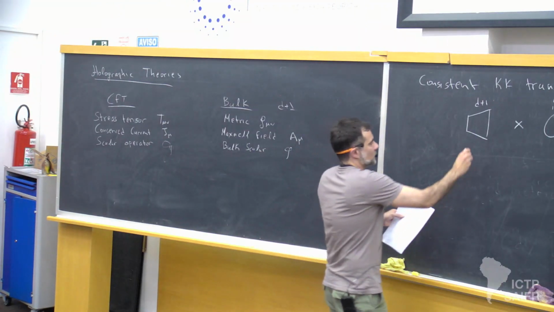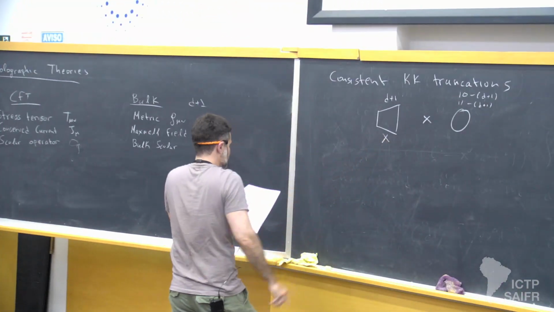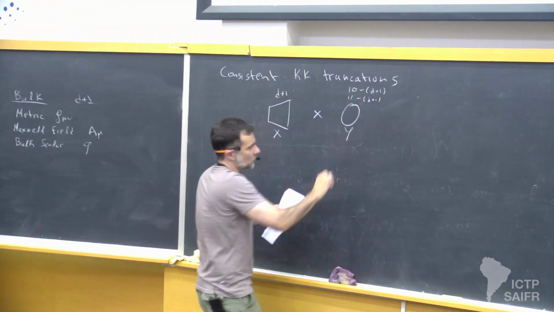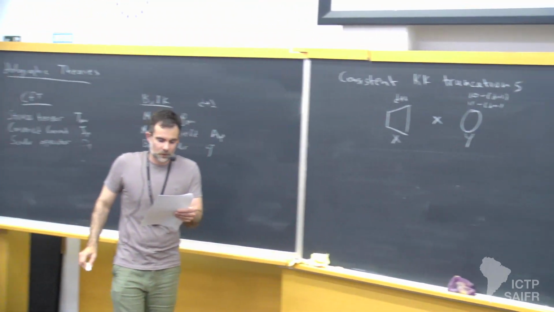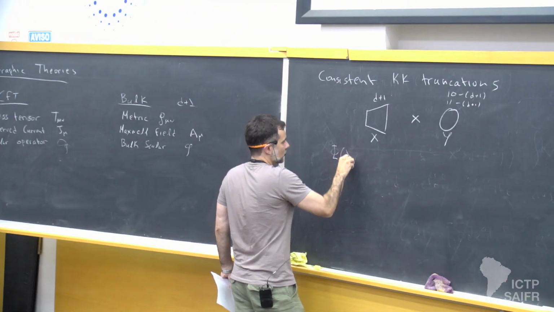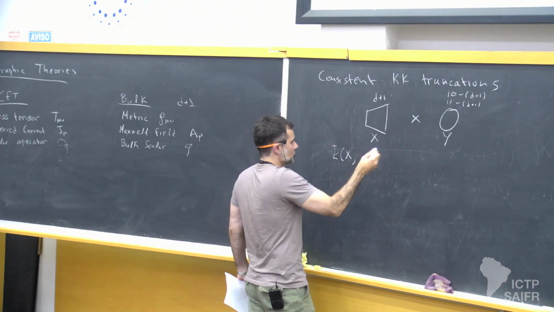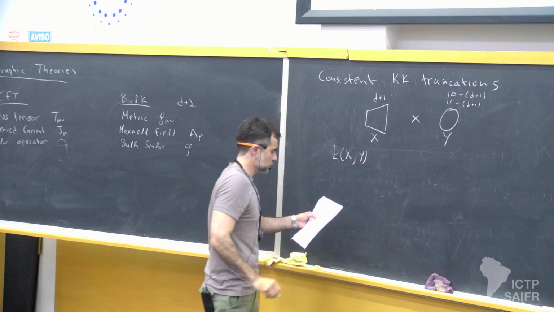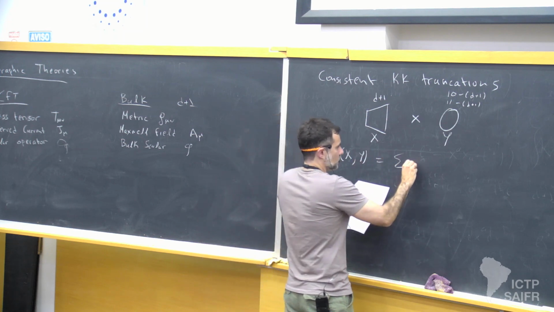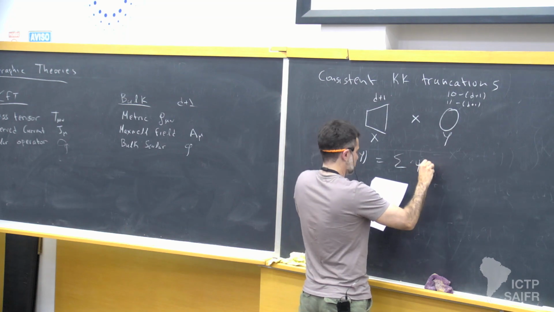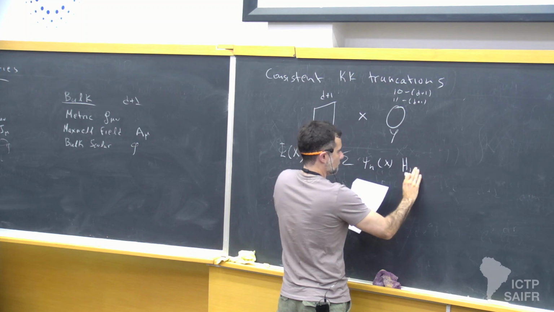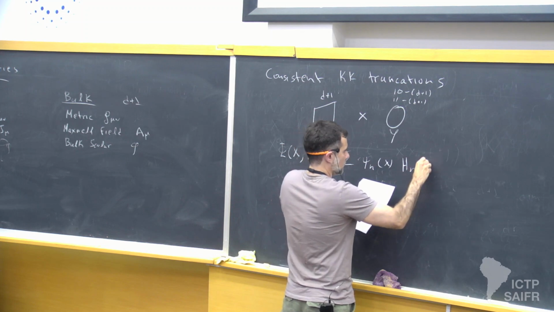So let's say that this space that I'm really interested in is parameterized by some coordinates x, and the compact space is parameterized by some coordinates y. Then I will basically decompose all my fields in the 10 or 11 dimensional theory as functions of x and y, and I will simply expand all the fields in harmonic functions in the compact space.